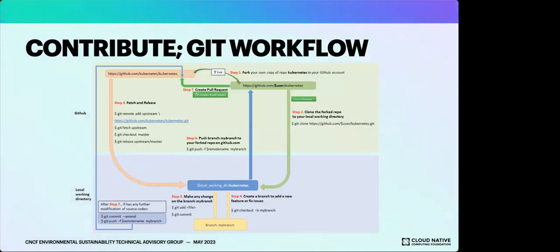Maybe if you do it for the first time, it's kind of scary, because you're concerned you'll do something wrong, but it's the foundation of contributing to any open source project. So if you know this process in general, you learn something not specific to the TAG, but you can contribute to any project, because we manage everything in files. And everything is in the Git repository, or we try to get everything in the Git repository. This is the workflow to follow.